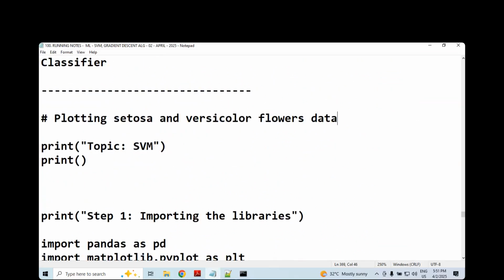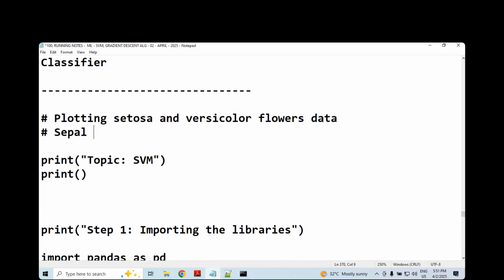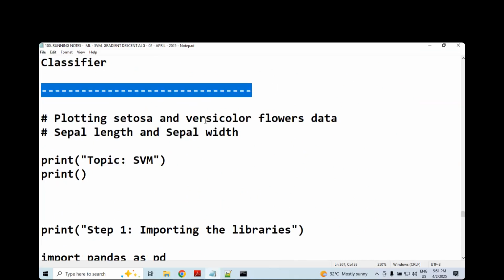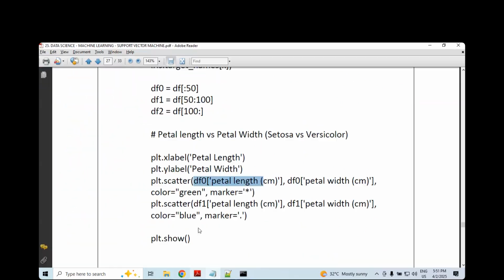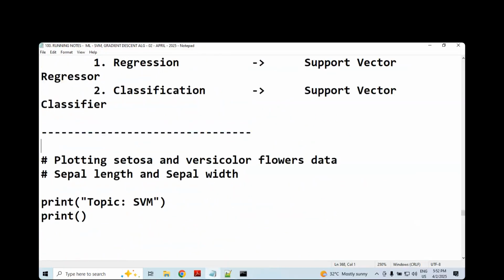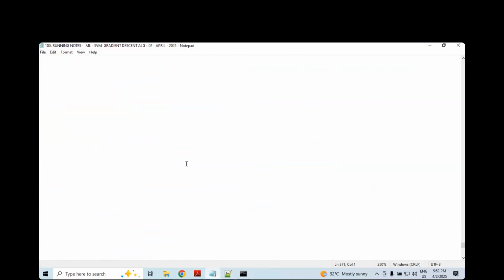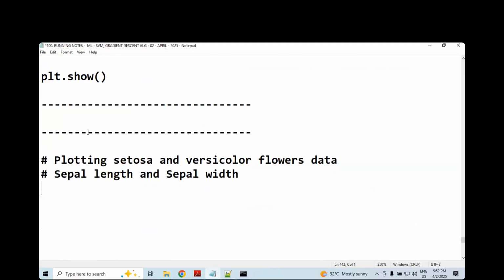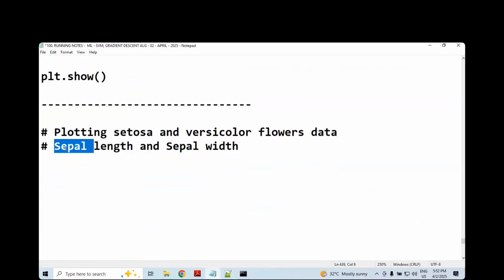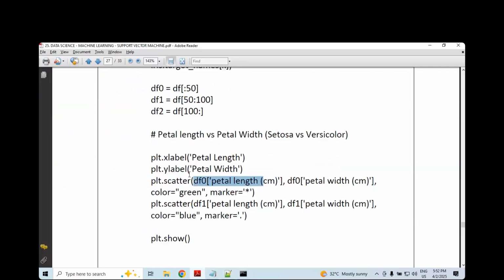Petal length, petal width. Fine, we understand very clearly.